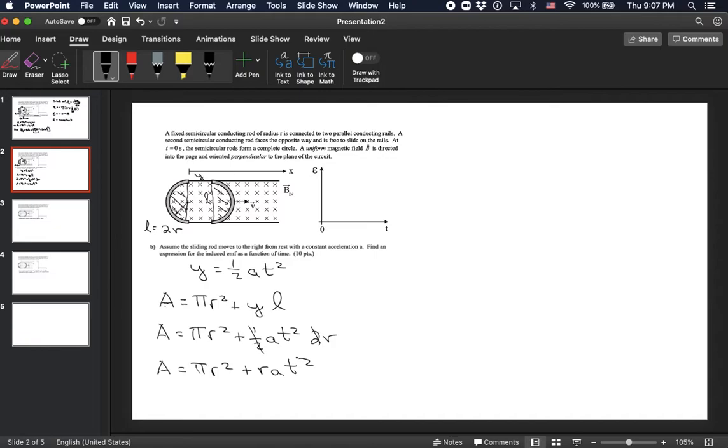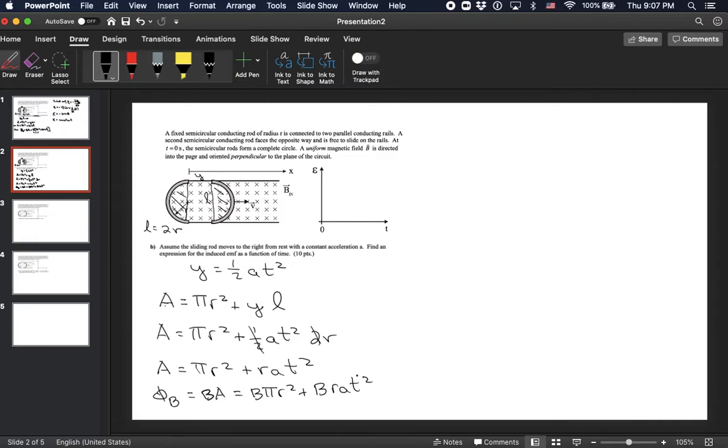Right, okay, so the next thing I'm going to do is find the flux. The flux is just B times A. So I'm going to get B times pi r squared plus B times r a t squared.